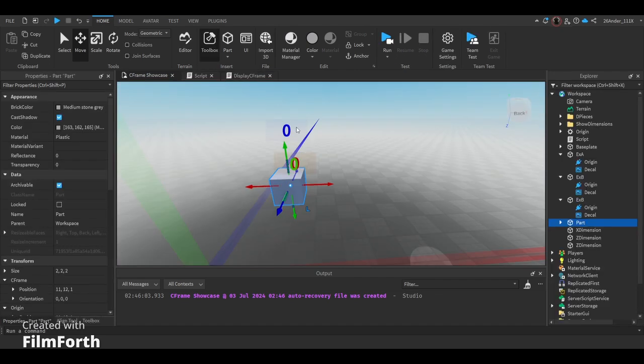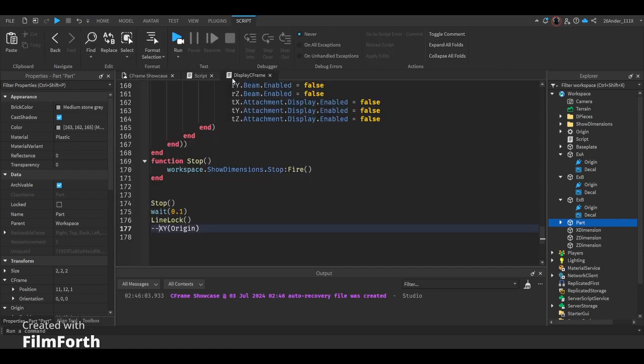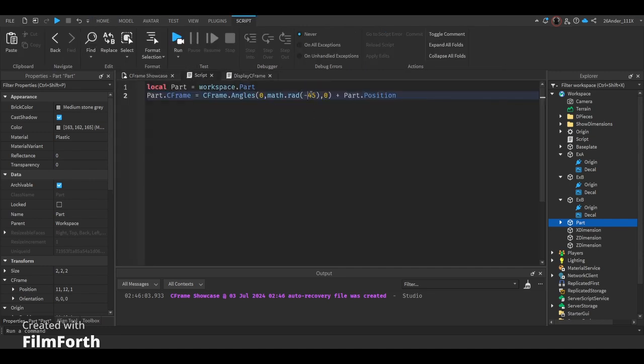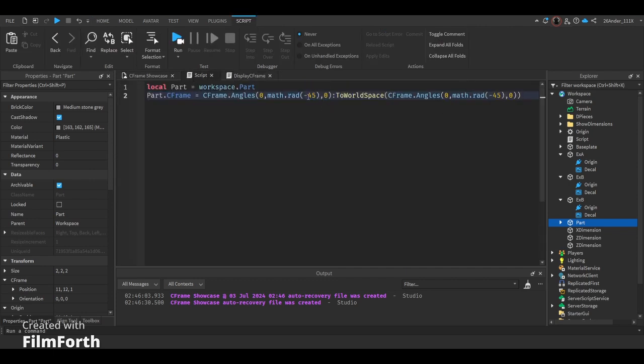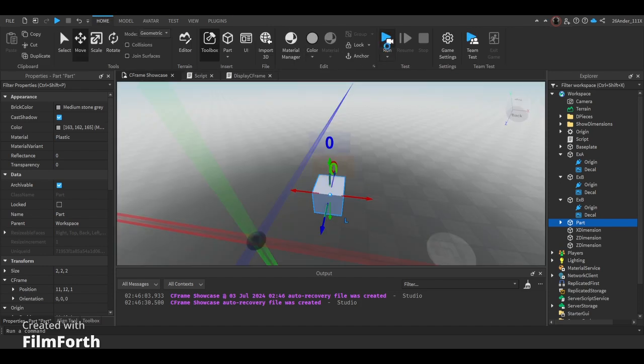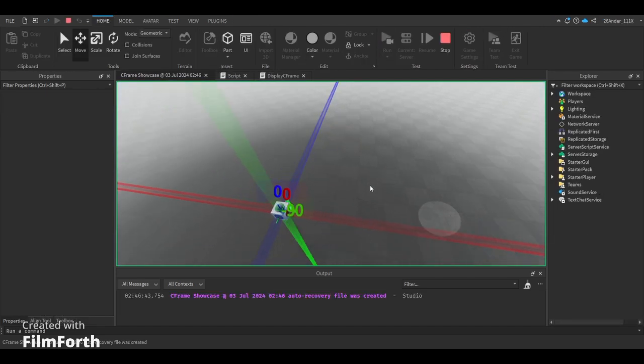Now, if you want to get a relative rotation, you can't simply add two CFrame angles together. You have to use this method called ToWorldSpace. This is how I do it. ToWorldSpace basically adds the two CFrames together without problem. So if I put this right here, it will add negative 45 and negative 45 together and makes negative 90.